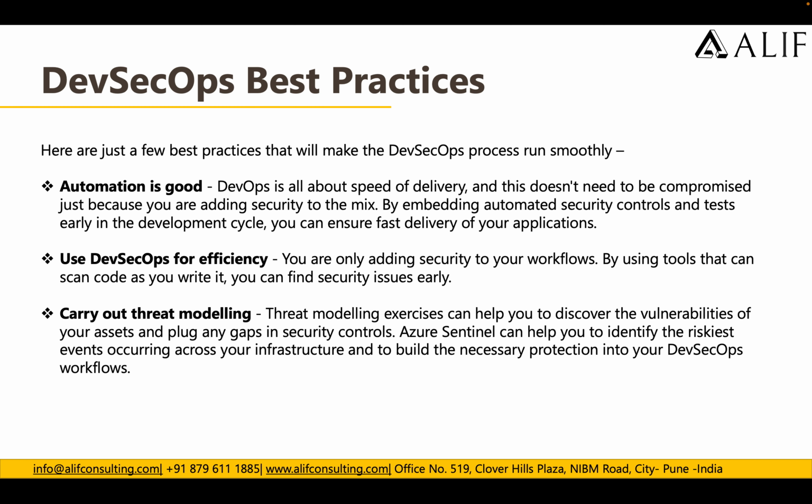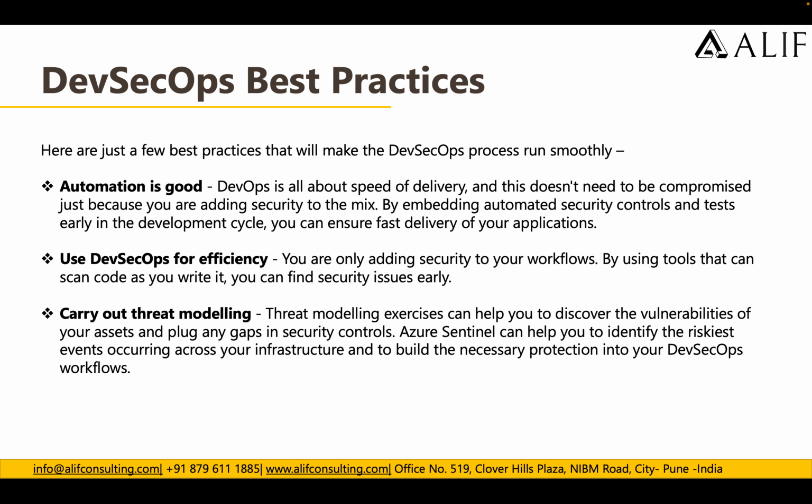There are a few best practices which you need to follow while designing DevSecOps. Automation is good. DevOps is all about speed of delivery, and it does not need to be compromised just because you are adding security.